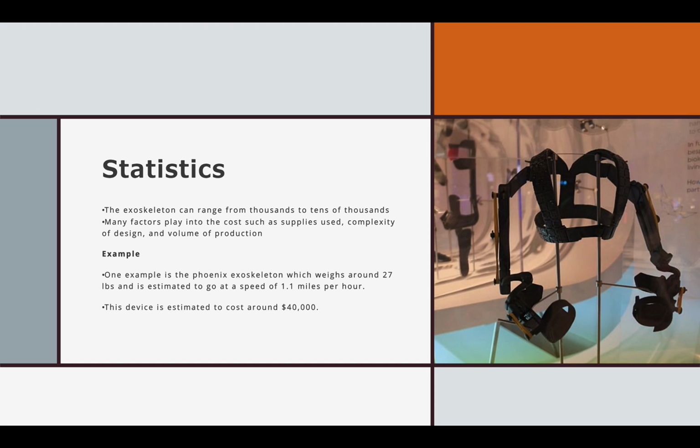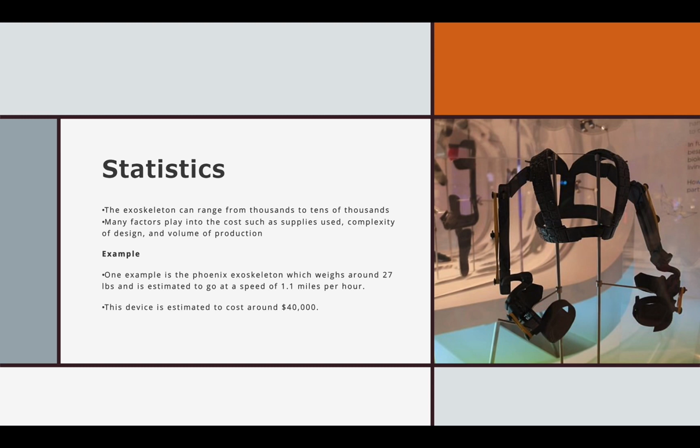From my research on what the exoskeleton is and how much it costs, it ranges from thousands to tens of thousands of dollars to build one. And many factors come into play when you're talking about how much this costs, such as the supplies that are used, the complexity of the design, and the volume of the production.